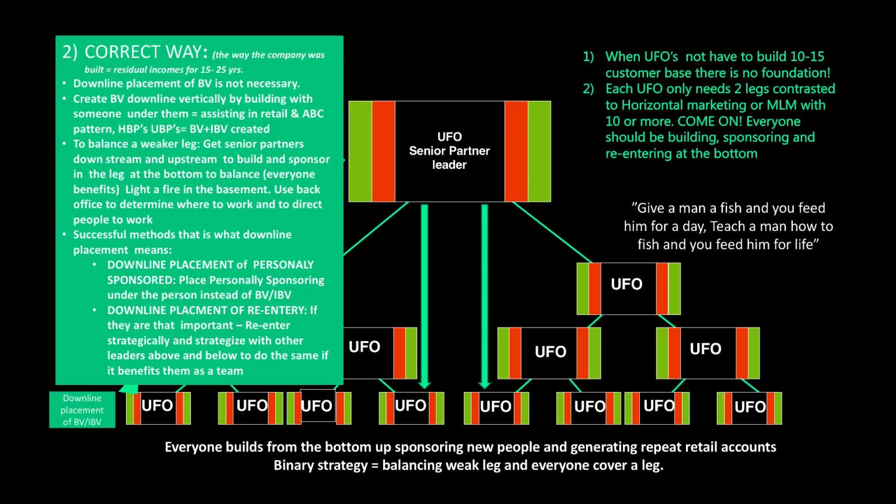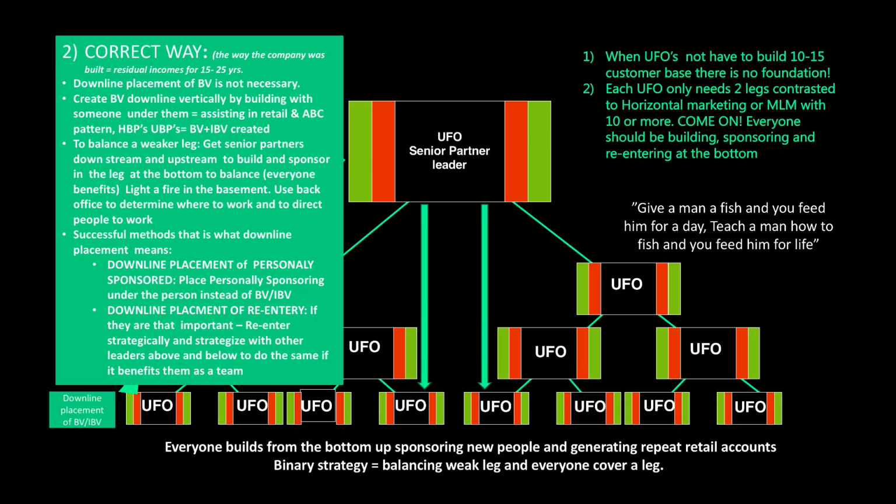So successful methods, that is what downline placement is really about, what it always was in the past. Downline placement of personally sponsored people. Place personally sponsored under the person instead of BV or IBV. Now you're giving them something real. There's an old saying, I guess it's a biblical saying: give a man a fish and you feed him for a day.